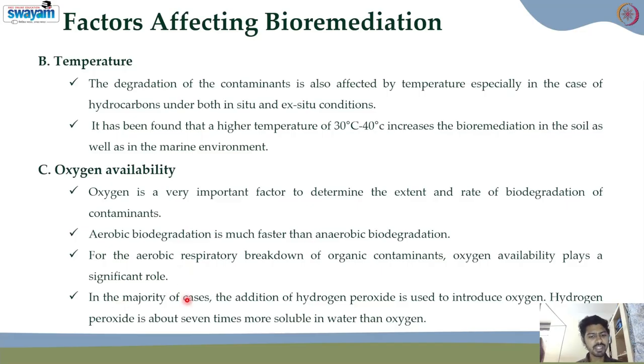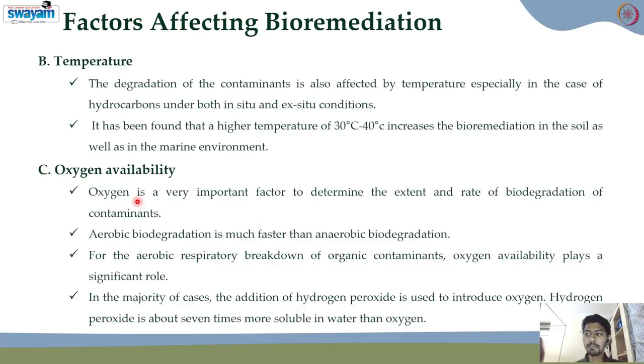In the majority of cases, hydrogen peroxide is added to introduce oxygen externally, and we know that hydrogen peroxide is 7 times more soluble than oxygen, especially in water. So oxygen availability is one of the key factors and the biggest driver for bioremediation.